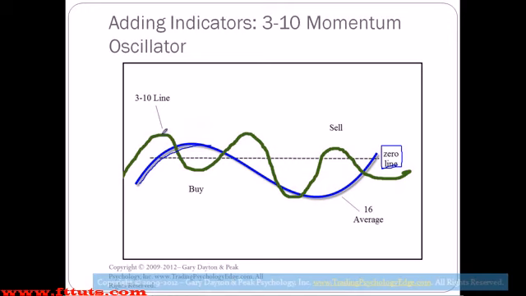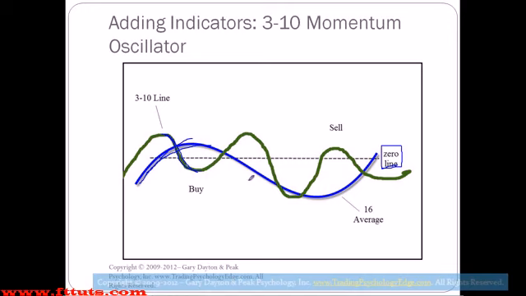And so when the fast line, when the 310 pulls back, because remember, we want to buy on pullbacks. Remember, the very first thing we said, the basic idea of trading a trend, is to buy pullbacks or sell pullbacks. So when the 16 is above 0, the market should be trending, and we want to buy pullbacks when the 310 gets below 0.